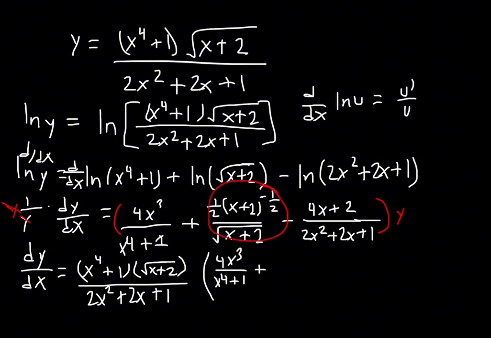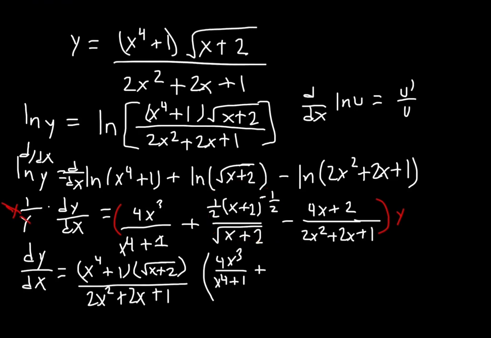and because this is raised to a negative power, we can simply bring this down. So it's going to be on the bottom; we're pretty much multiplying by square root of x plus 2 times square root of x plus 2. On top is just 1/2, and when you're dividing, you can basically bring the 2 down. So it's basically x plus 2, because the radicals will cancel out.